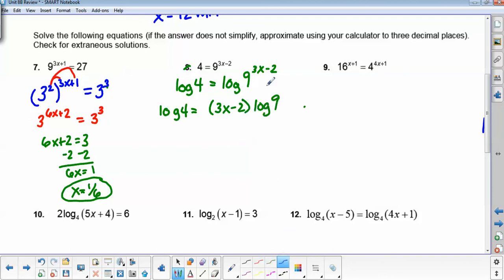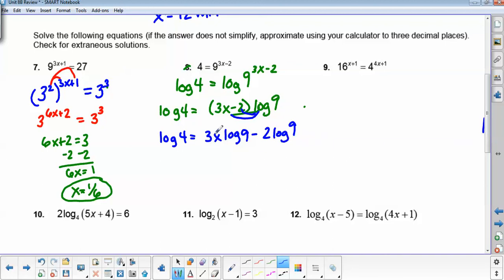And then you need to distribute the log 9 to this one and to this one. So I would have log 4 equals 3x log 9 minus 2 log 9. Alright, now if I'm going too fast for you, just pause the video and then come back.